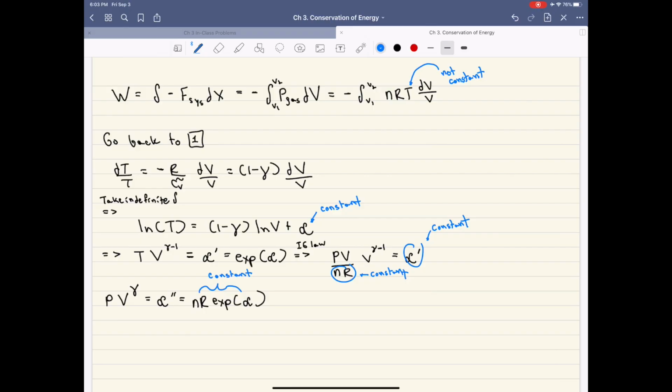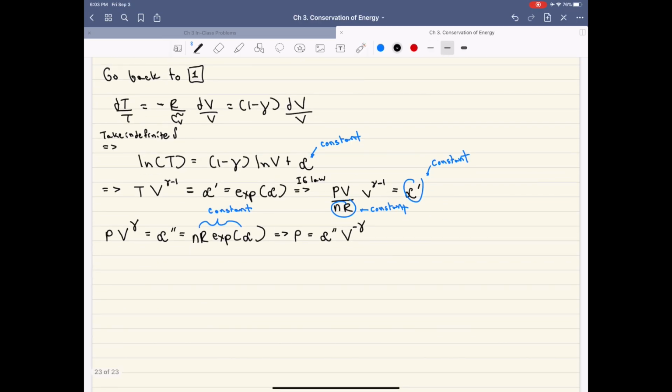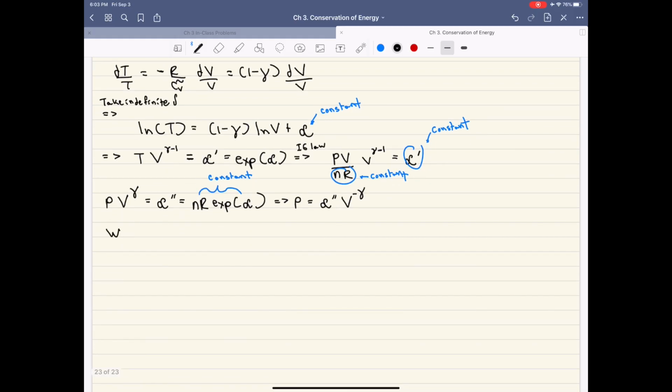What I want to do then is isolate the pressure by itself. That's just equal to alpha double prime times volume to the negative gamma, since I moved it over, that puts a negative there. That's all I'm doing. Now that I have an alternative statement for pressure, I'm going to take that and put it back into the work equation.